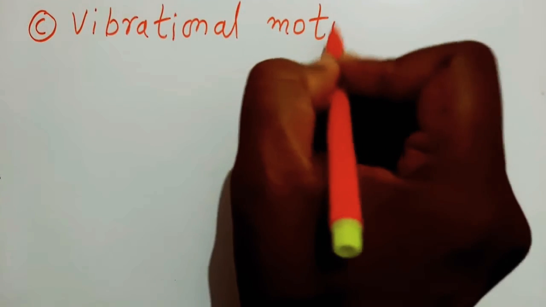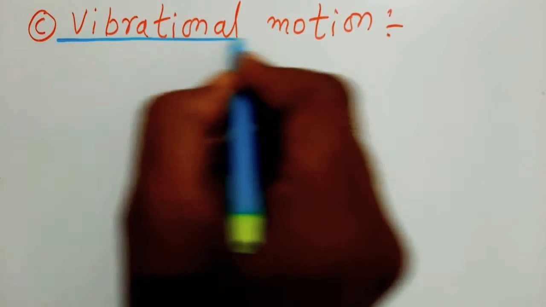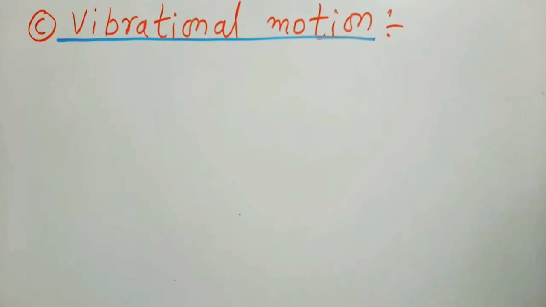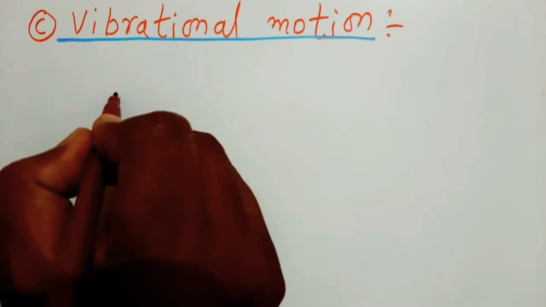The third one is vibrational motion. If the distance between 2 atoms remains constant with time, it is called a rigid rotator.